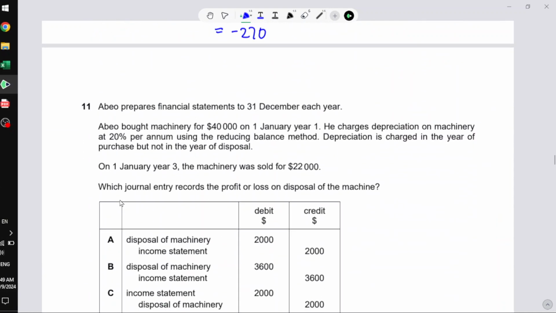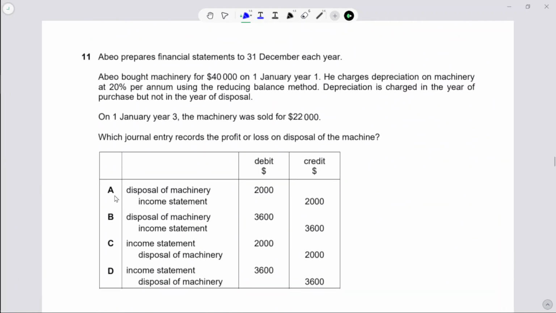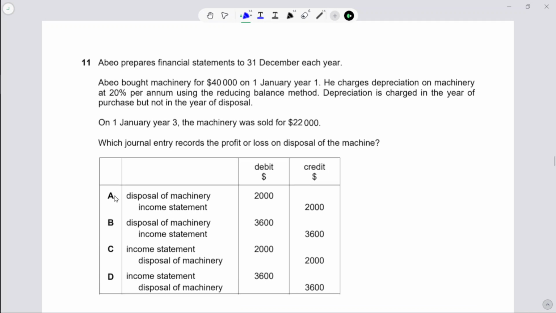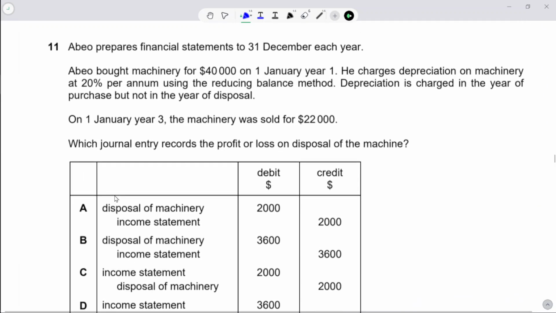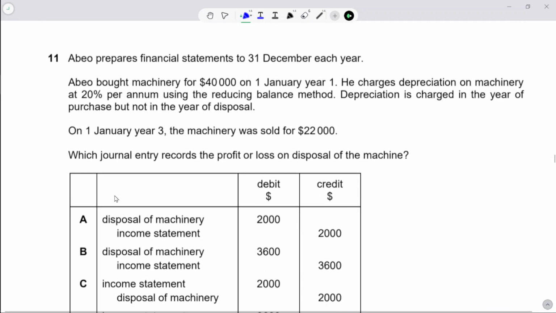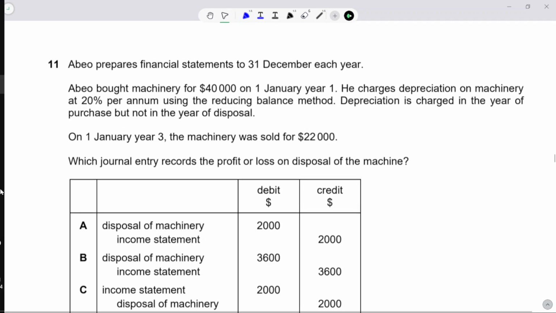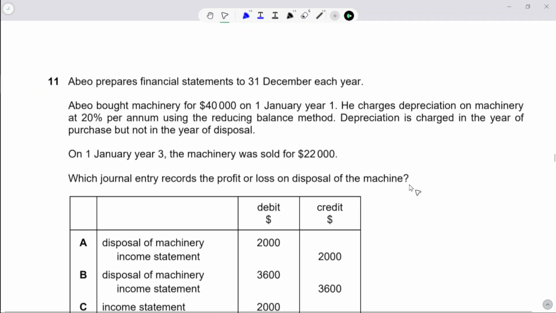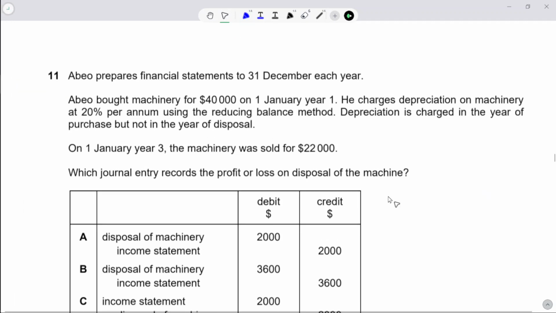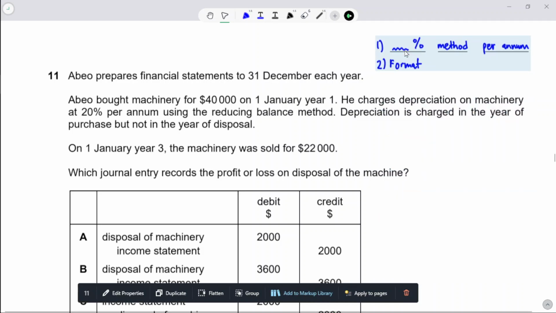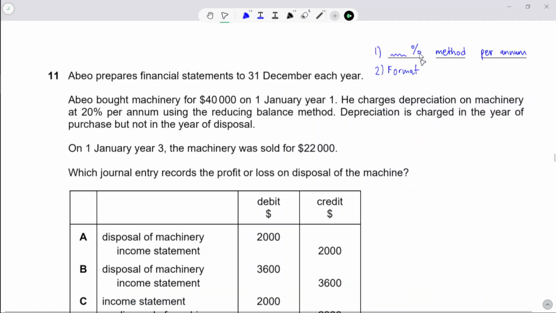Okay, now let's go to the next one. The first thing he wants us to do is percentage method and per annum.